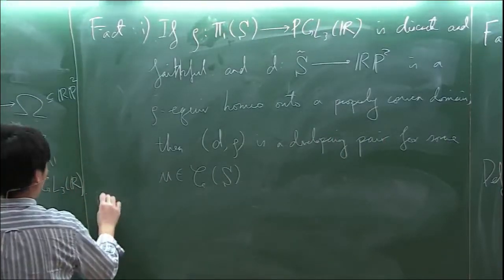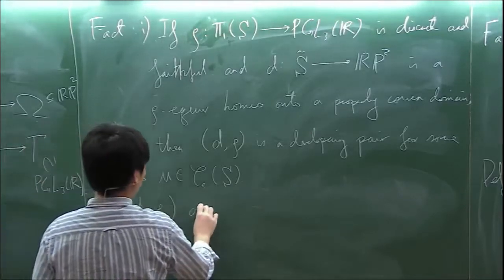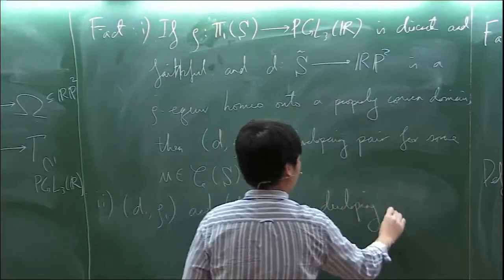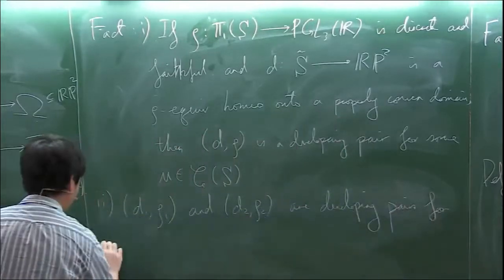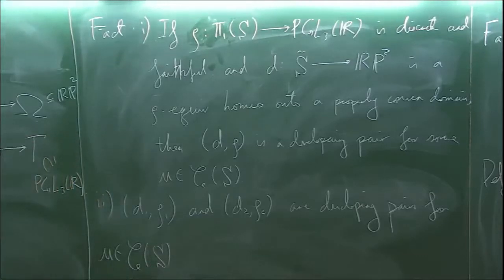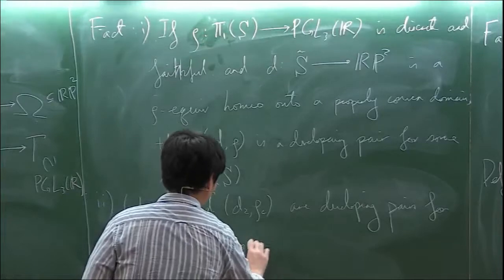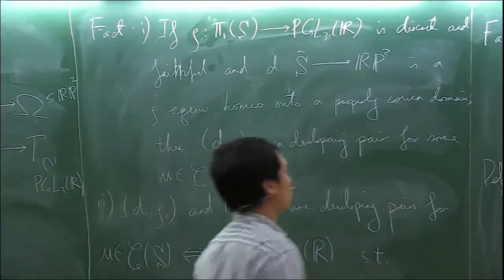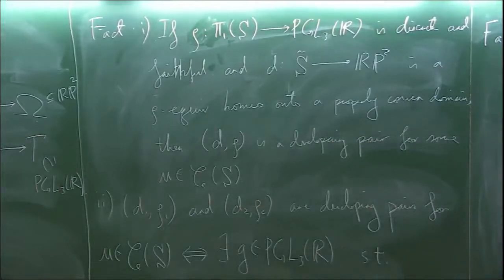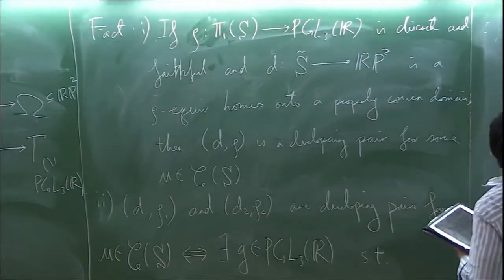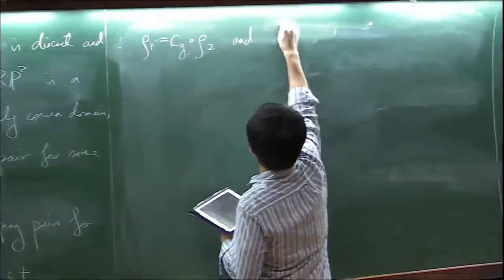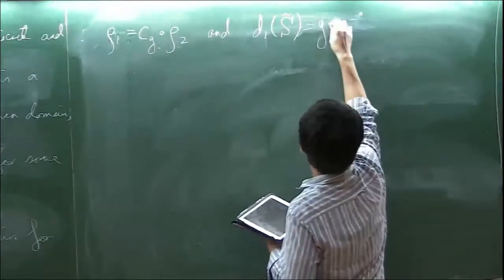And second, (D1, rho1) and (D2, rho2) are developing pairs for the same mu in CS if and only if there exists a projective transformation G in PGL3R so that rho1 is conjugate to rho2 via G, and the image of D1 equals G times the image of D2.